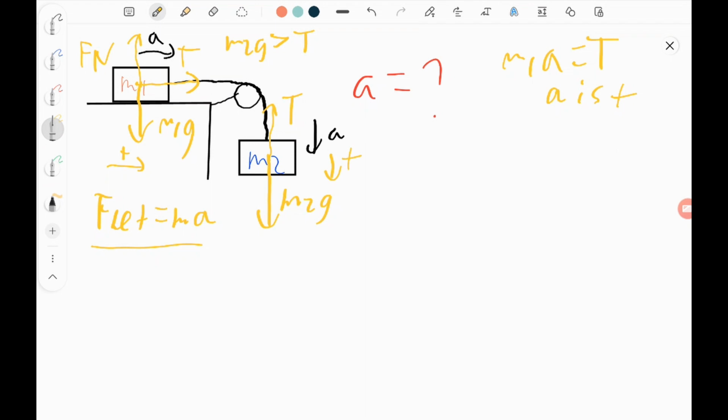Then we'll end up with m2a equal to m2g, which acts downward, now our positive direction, minus T, which acts opposite to that positive direction. And that will allow this value here to be positive and the magnitude of the acceleration to be the same for both blocks.